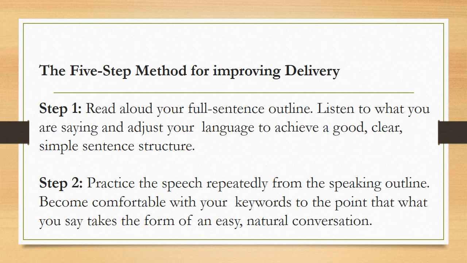Listen to what you are saying and adjust your language to achieve a good, clear, simple sentence structure. That is for step 1. Then step 2, practice the speech repeatedly by the speaking outline. Become comfortable with your keywords to the point that what you say takes the form of an easy and natural conversation.